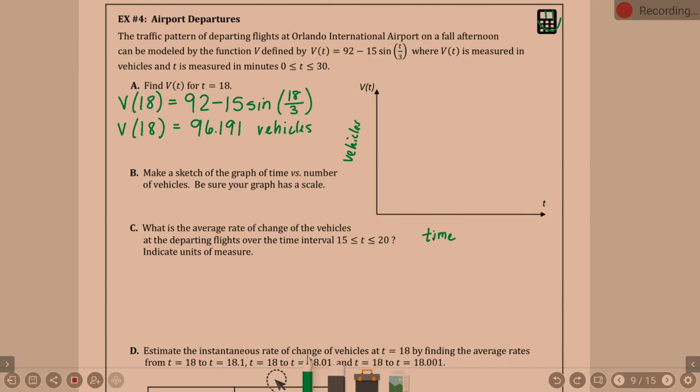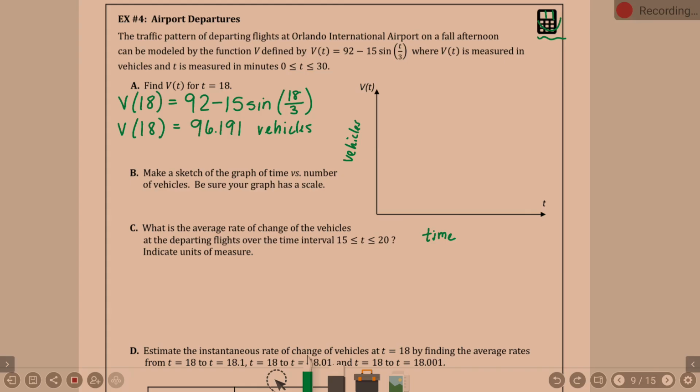Do we have to graph this by hand? No, because it says it's a calculator active problem, so you get to use the calculator. Grab the calculator and graph that.